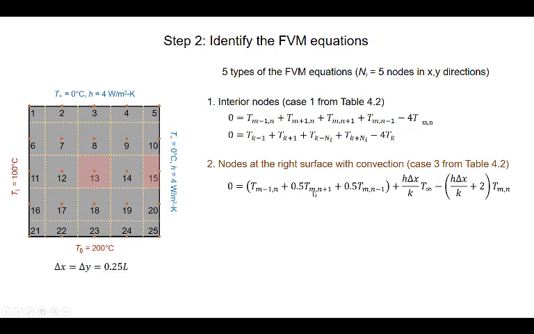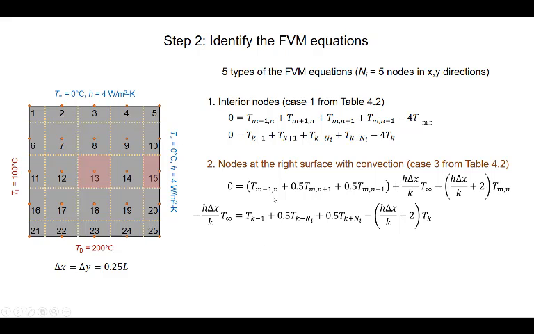We also have mn+1. This represents a node below node 15. In this case, that is the 15 plus 5, the 20th node, the k plus ni. And we have mn-1 that represents the node above. In this case, that is the node 10, where 15 minus 5 is 10, k minus ni.